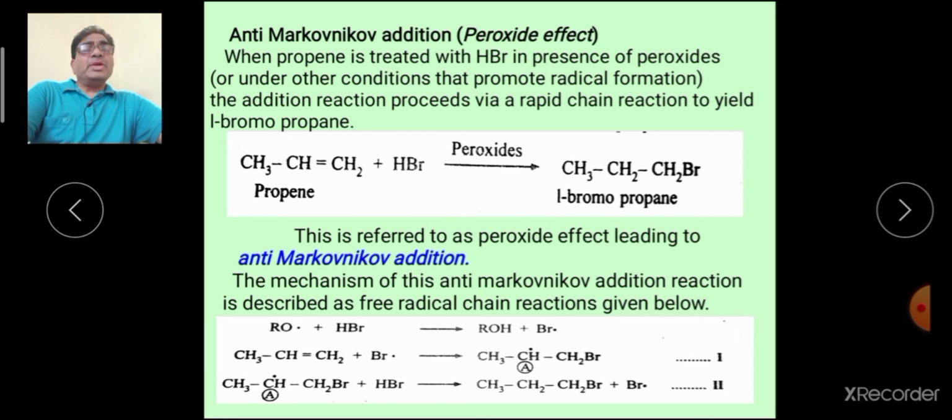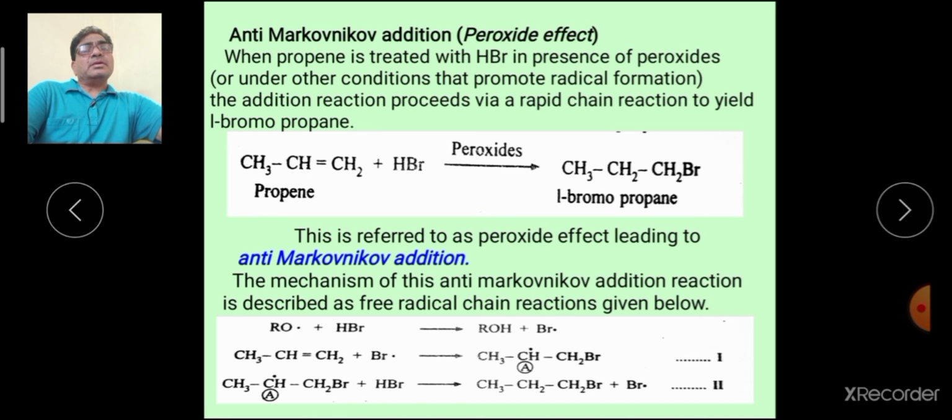When propene is treated with hydrogen bromide in the presence of peroxide or under other conditions that promote radical formation, the addition reaction proceeds via a rapid chain reaction to give 1-bromopropane.